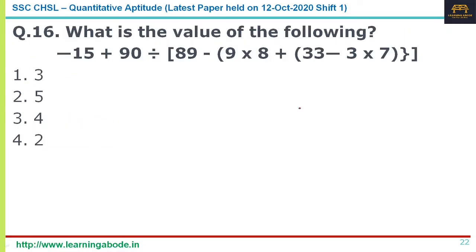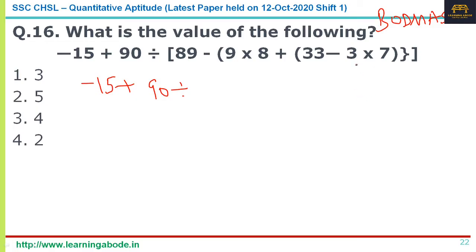Question number 16. It's a simplification question, a very easy one. So what we have is minus 15 plus 19. I think we'll try to simplify. First, let's look at the bracket. We know the BODMAS rule: bracket, division, multiplication, addition and subtraction.